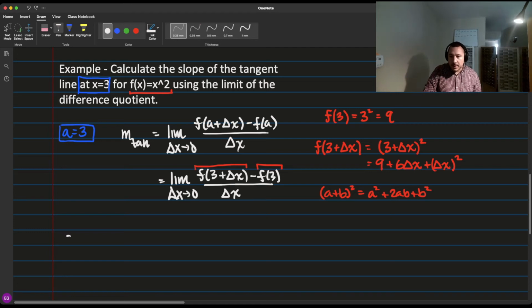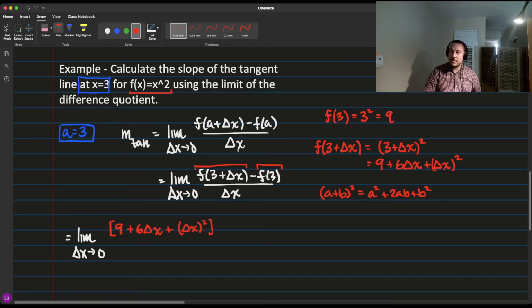So you've got the limit as delta x goes to 0, and my f of 3 plus delta x is literally 9 plus 6 delta x plus delta x quantity squared, and my f of 3 is 9. So hopefully you can see, I'm just replacing the stuff in the numerator with the calculations that I made up here.